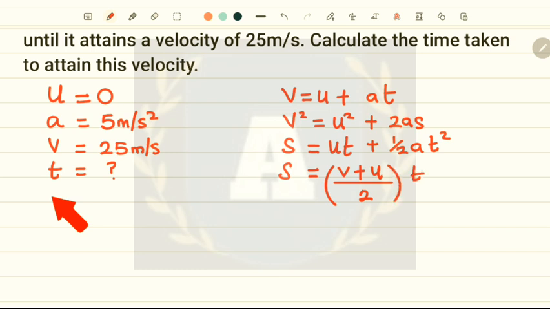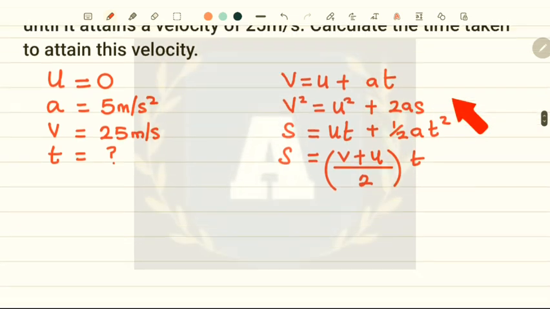You look at which of these has the parameters you have, then you use it. There is final velocity, initial velocity, acceleration, and time. So the first equation is the proper one to use.